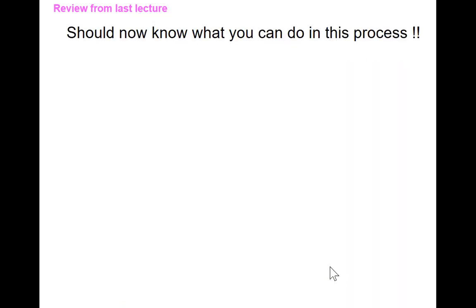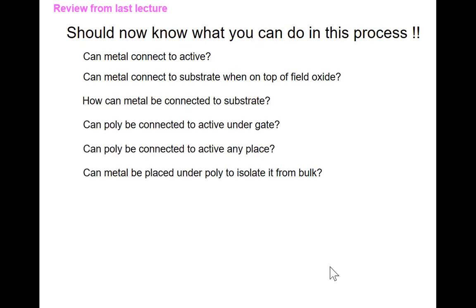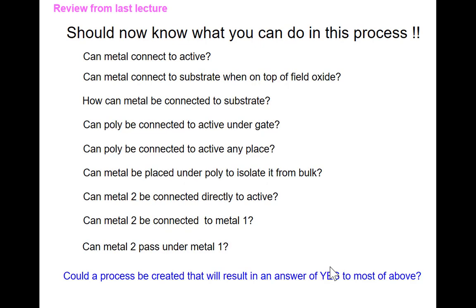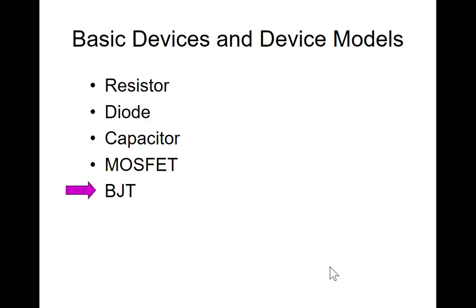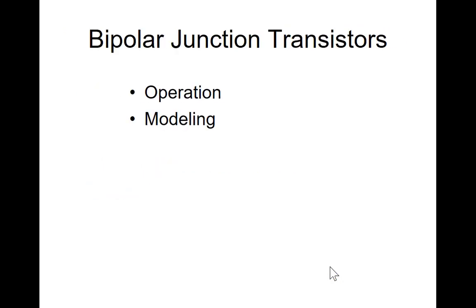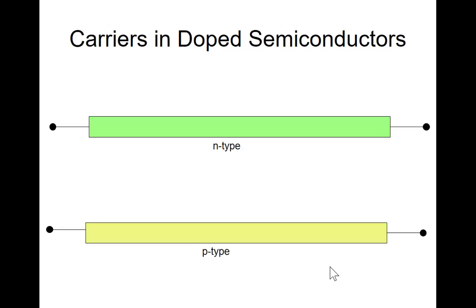We looked at a top view and a cross-sectional view, and then we asked the question, what can we make and what can't we make with that particular process? Today is BJTs. I'll try to talk about how they operate, and I'll try to start developing models for the devices. We should have our first models for the bipolar transistors before the end of the lecture.